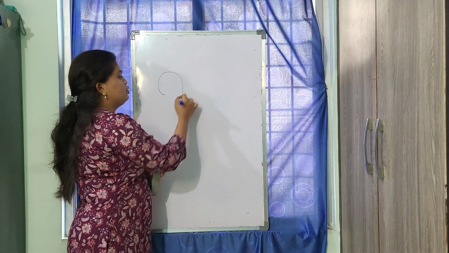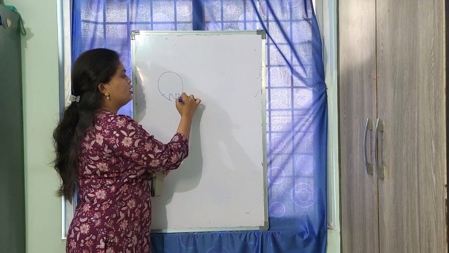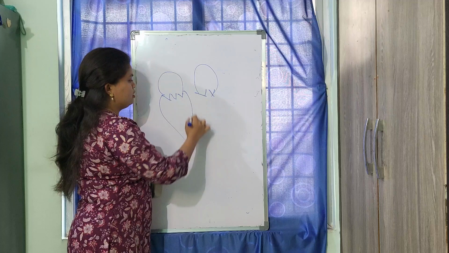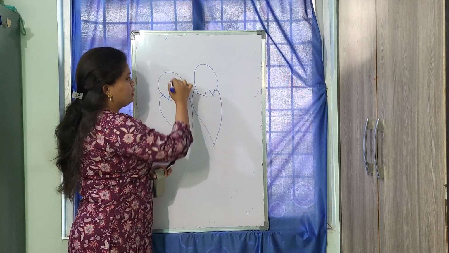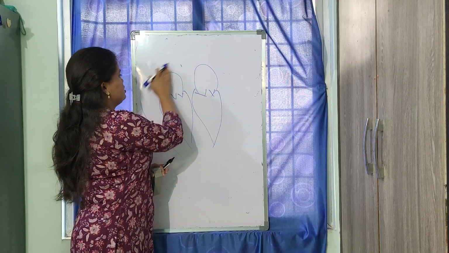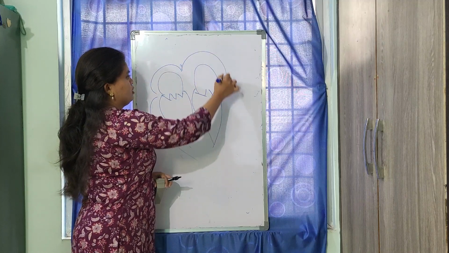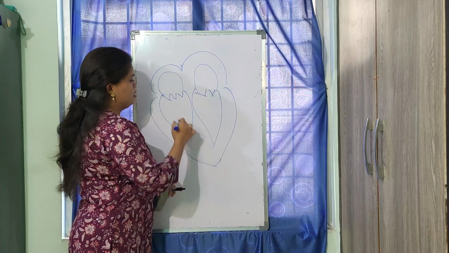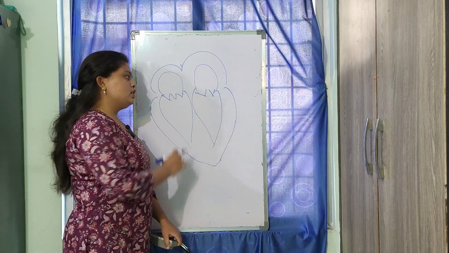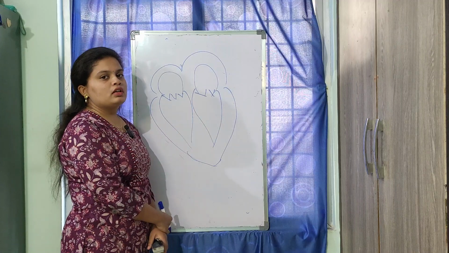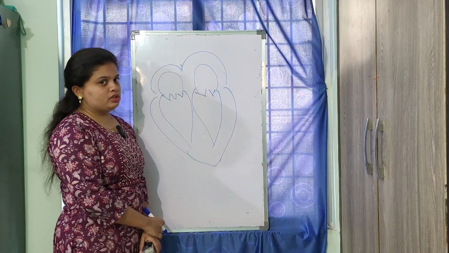So as you know, this is the tricuspid valve, this is the bicuspid valve. So how is it that these bicuspid and tricuspid valves stay at their place? Let me answer that question for you.